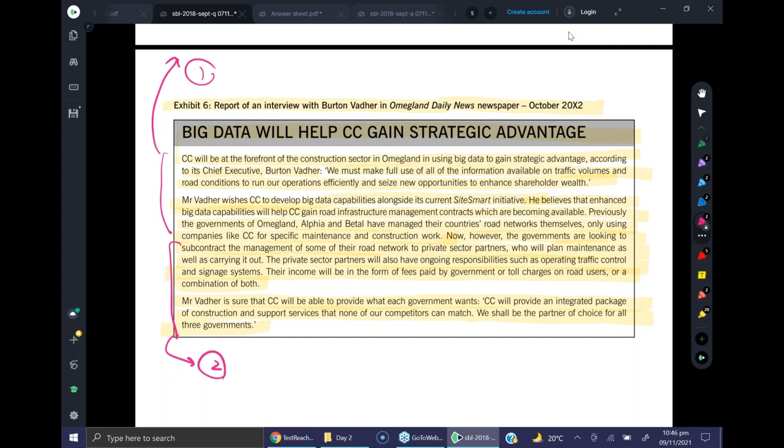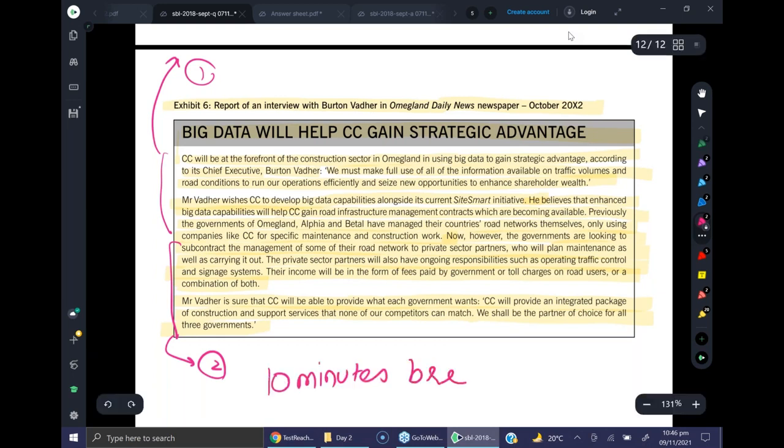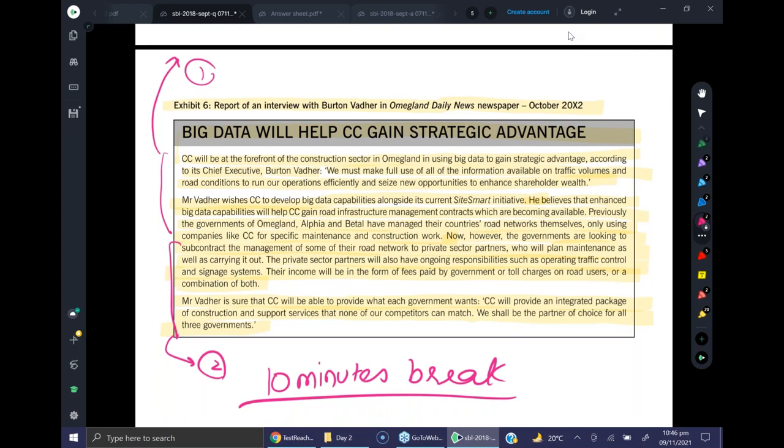All right, now what we are going to do is we are going to take a 10 minutes break here. And after that, I will open the answer sheet document and we'll jot down the points for most of the requirements.